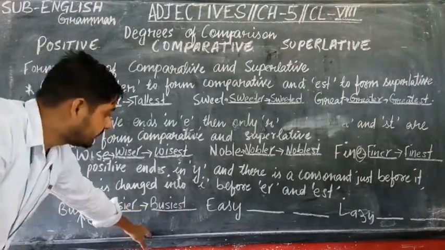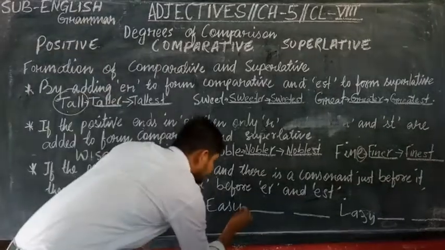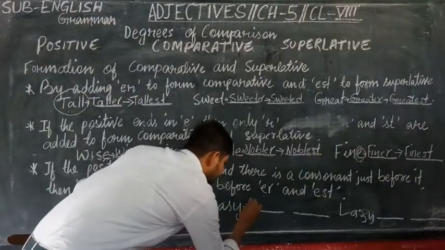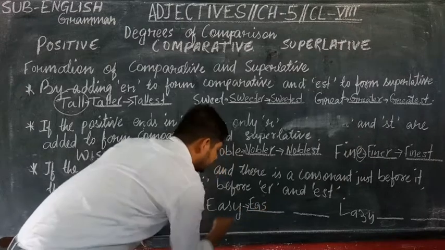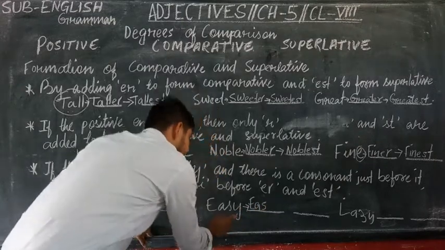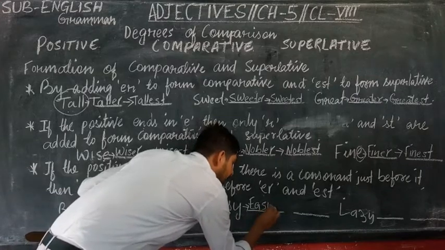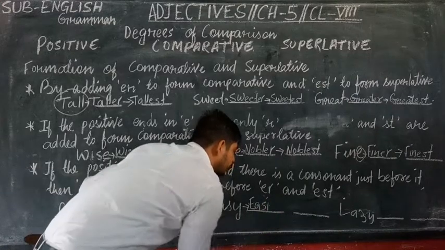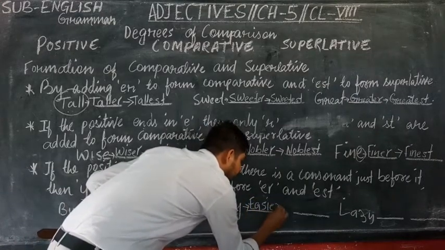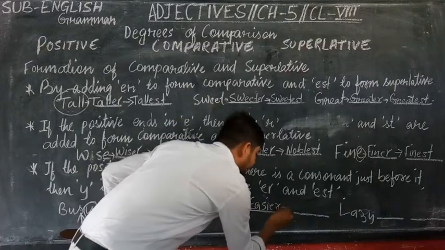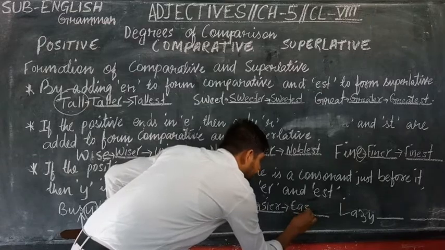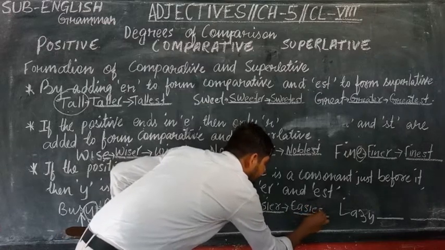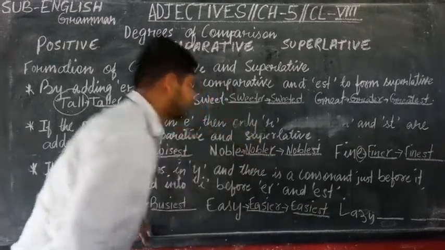Now the second example, easy. To make the comparative, we will remove this Y, then write I, then ER. This is the comparative. Now the superlative, EST: easiest.